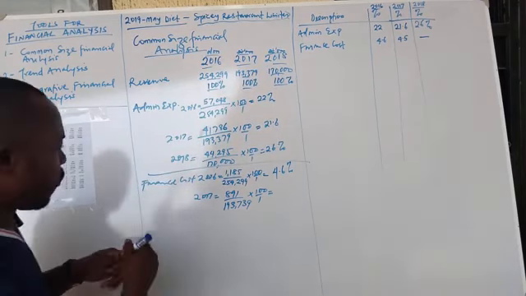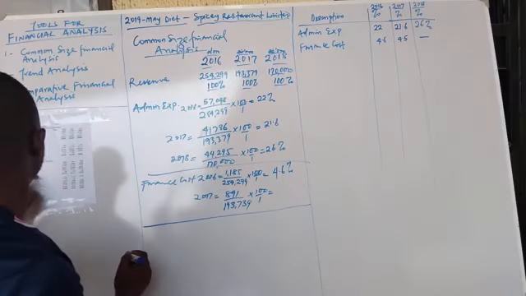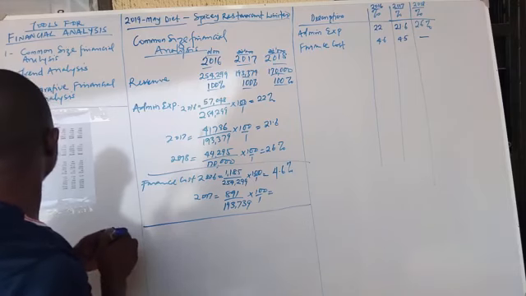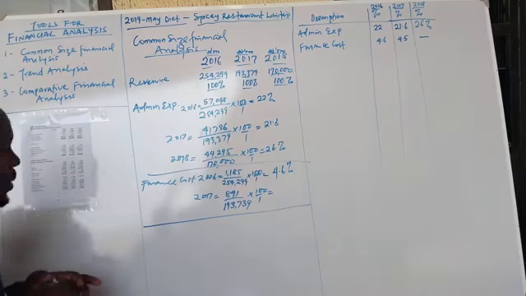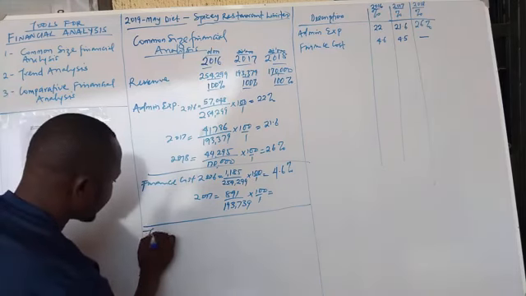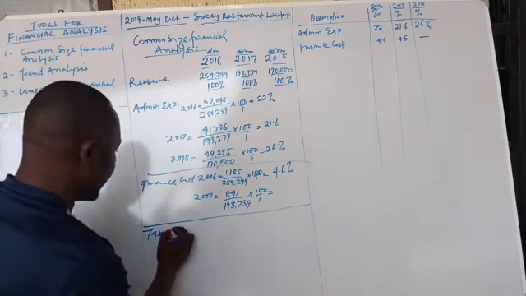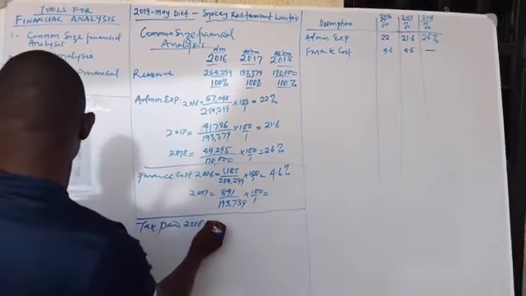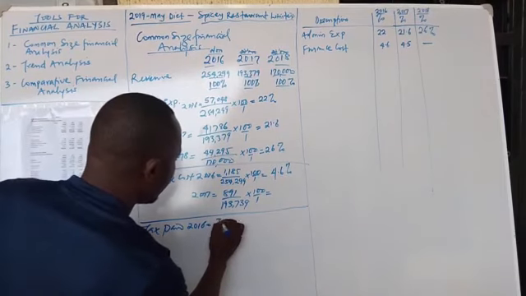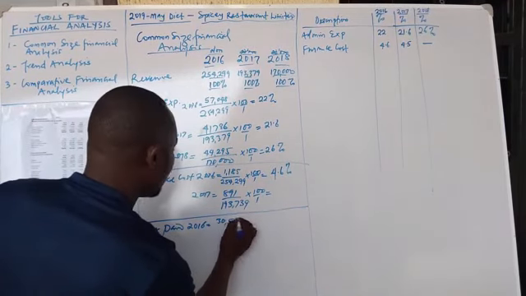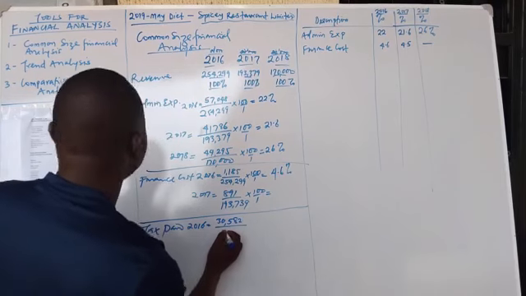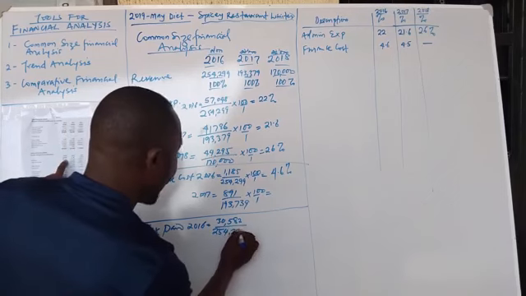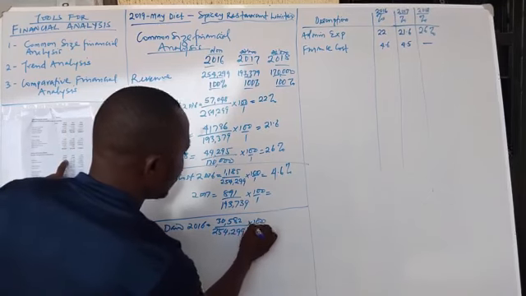Okay, we are taking 2 examples. Maybe I should just take one more for clarity. Let's look at the tax that was paid. Tax paid in 2016 was 30,580 divided by the total revenue, which is 254,299, multiplied by 100 all over 1.